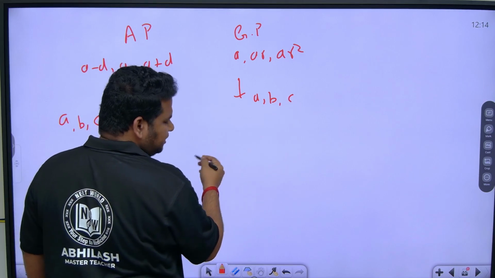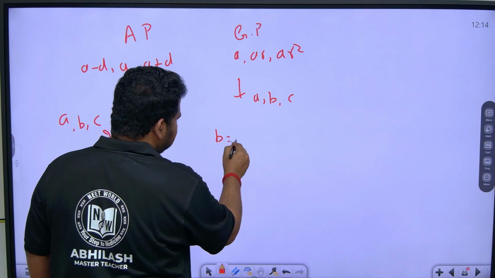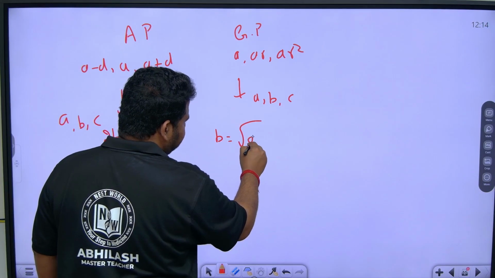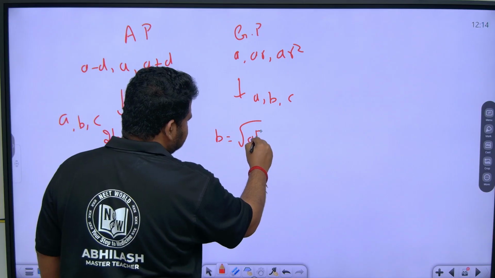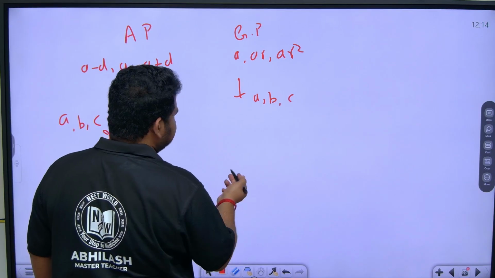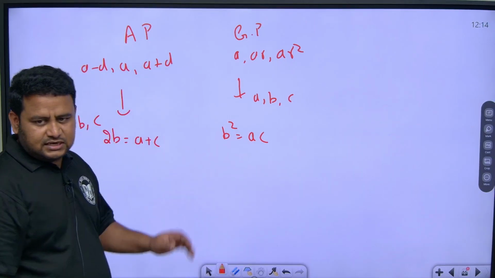We take B is equal to root of AC, or we can also take it as B square is equal to AC. This is the condition we take.